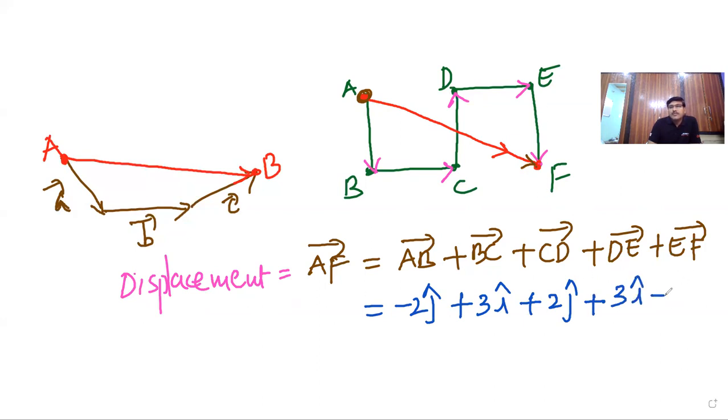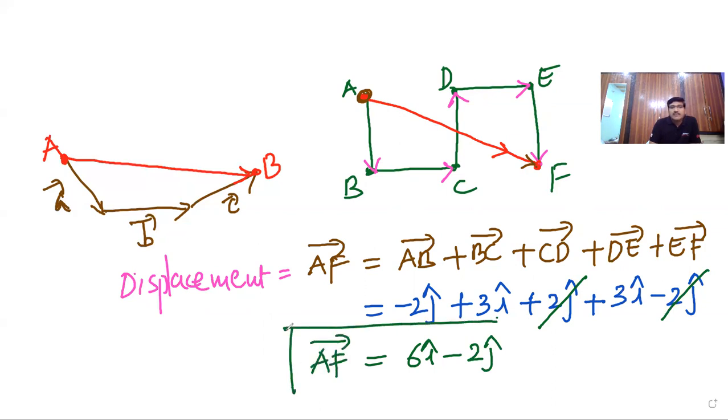Again down, negative 2 j cap. Okay. Now observe. Positive 2j and negative 2j cancel. So 3i plus 3i, 6 i cap, minus 2 j cap. AF bar in vector form is this. AF bar, this is the displacement vector.